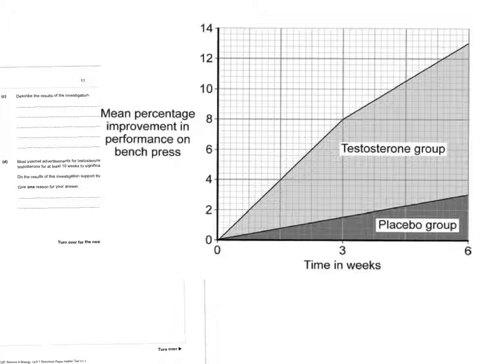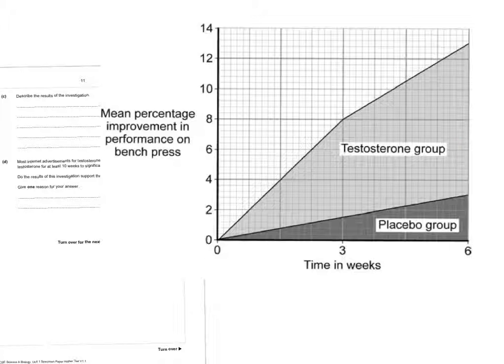So we've got one for the placebo group showing their percentage improvements in performance over the 3 and 6 weeks periods that they've been taking part in the study, and we can see that after 3 weeks they've had a mean improvement of about 1.6%. Okay, so it's not a really huge amount, and after 6 weeks it's looking to be at about 3% mean improvement.